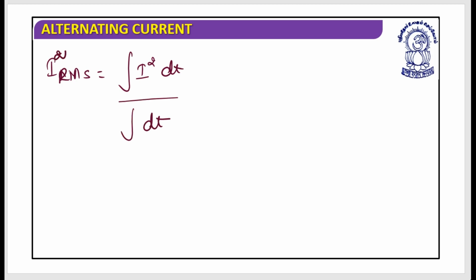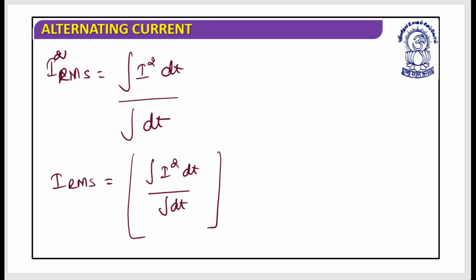But this is I square RMS, and if I want IRMS, then I will take the square root of this: integration of I squared dt divided by integration of dt, to the power half. But I will prefer to always use I square RMS and then take the square root of this. This feels a bit easier. I hope this is clear.